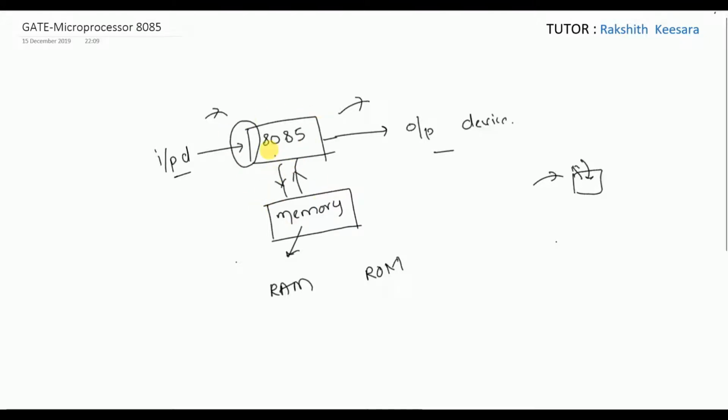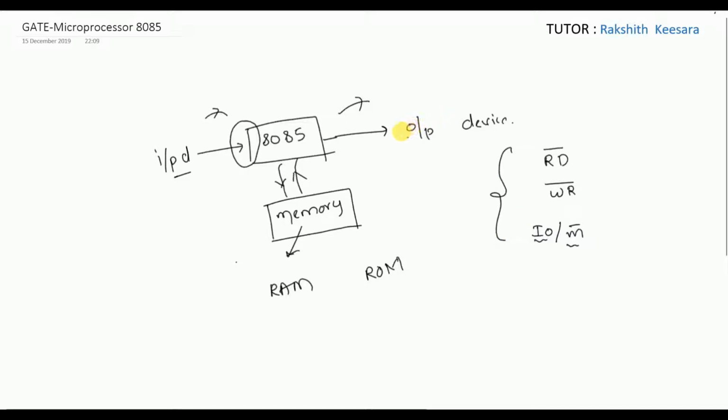So which operation is performed will depend upon our control signal. For the read control signal, our control bus generates active low read. For the write control signal, our control bus generates active low write. And this is the input output device, this is memory. Whether to read or write from the memory or from the input output devices, these are the signals our control bus generates.